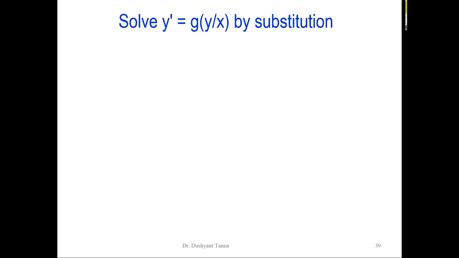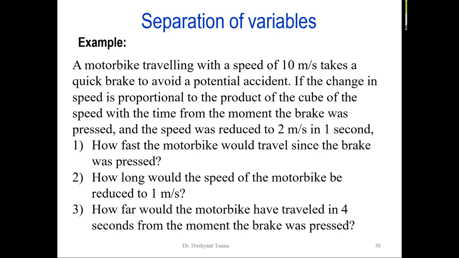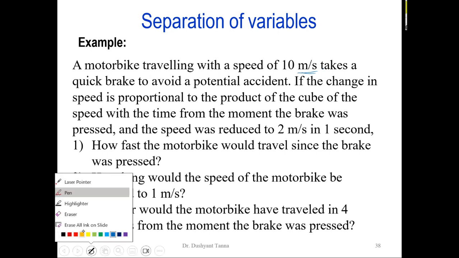Right. So how do you form the equation? If the change of the speed, it says here that it's meter per second, so you are talking about dv over dt.